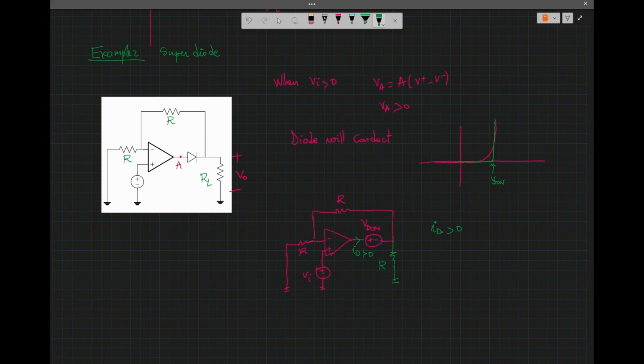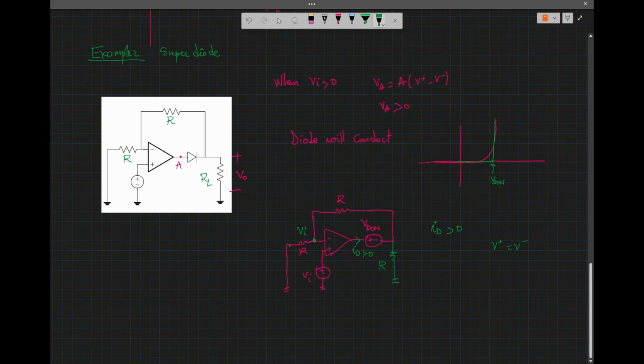So when the network starts working, meaning the diode is on, we know that V plus will tend to be equal to V minus. V plus equal to V minus, so the voltage here will be equal to Vi as well.